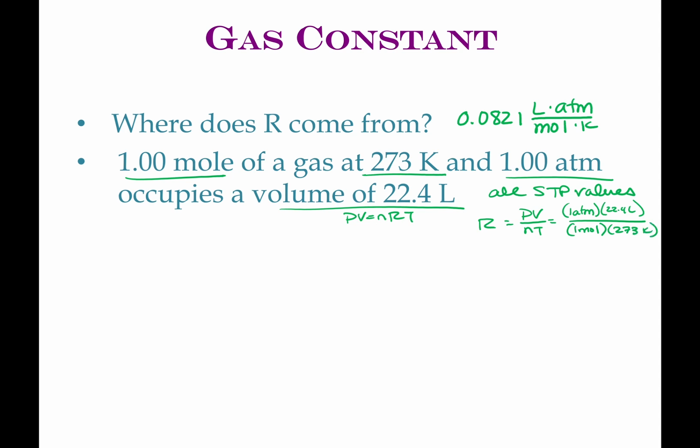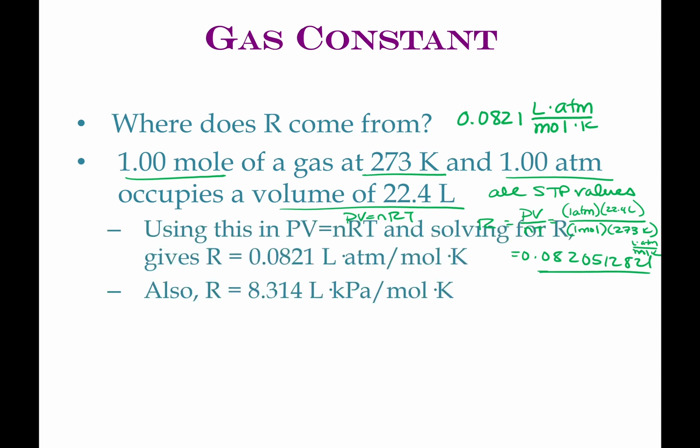And if you were to do that with those units, you would get 1 times 22.4 divided by 1 divided by 273, you get 0.082051281. And that's liters times atmospheres over mole times Kelvin. So that's where R comes from. So if you forget it, you can calculate it.